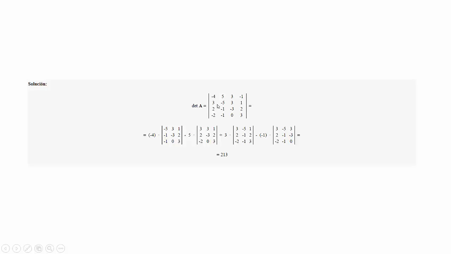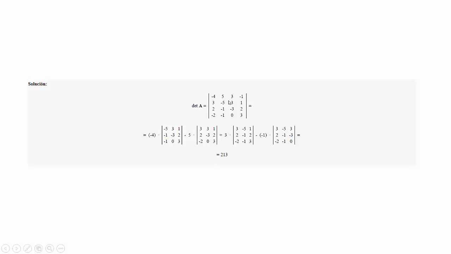Now, in the case of the number 5, we are going to remove this column and the same row. So we have the negative number 5 multiplying a determinant of 3 by 3, that is shown here.